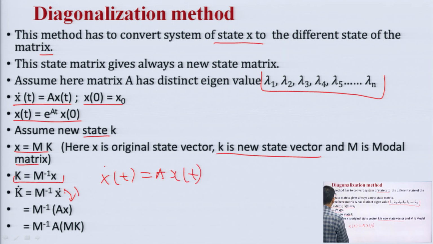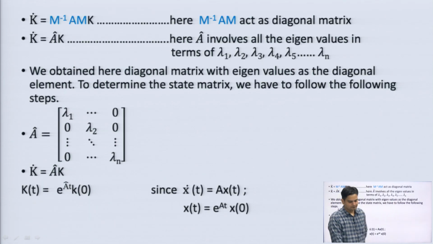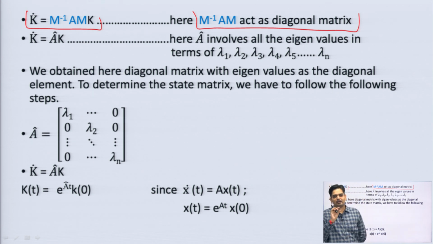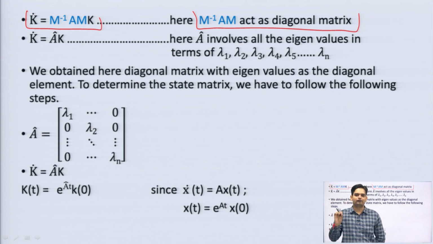So, this thing is written here from this expression, and m inverse A x can further be written as m inverse A times x equal to m k. If you remember, we had written here. So, this replacement we have done, instead of x this will come. If we solve it, we will get this expression. So, here m inverse A m, if you calculate, would be a diagonal matrix where the diagonal elements would be the eigenvalues of the A matrix that we assumed.